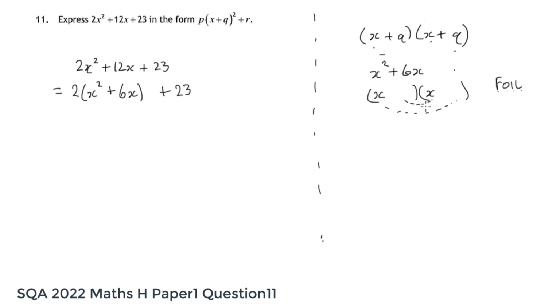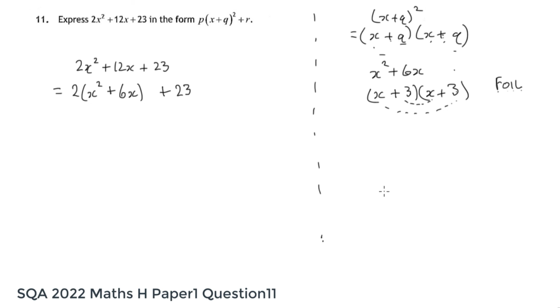These outside and inside terms will be identical. Why? Because this is a squared term. These two brackets are identical, x plus q squared, so they must both be equal. Same number of x, and we have to get a 6x, so there'll be 3.